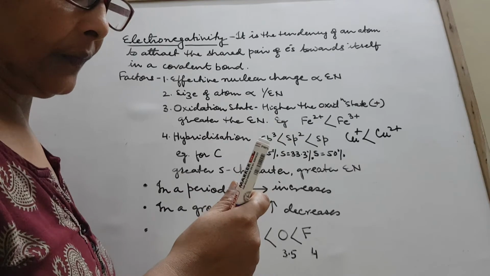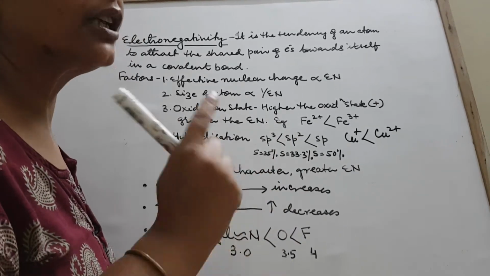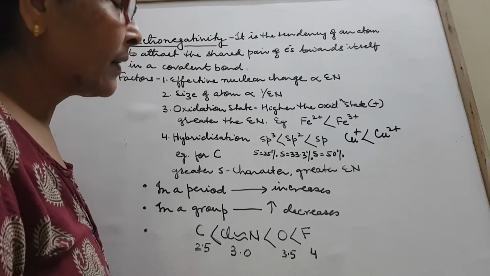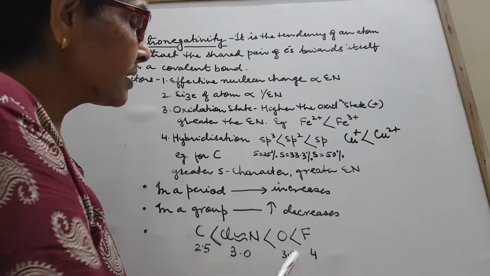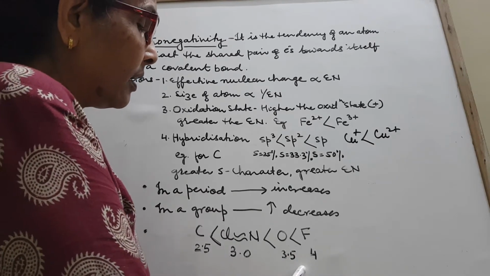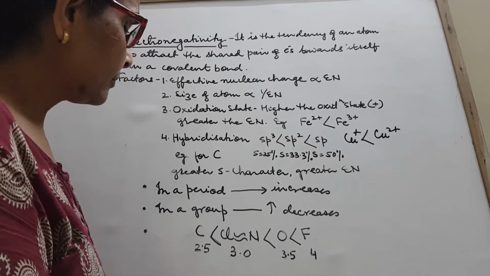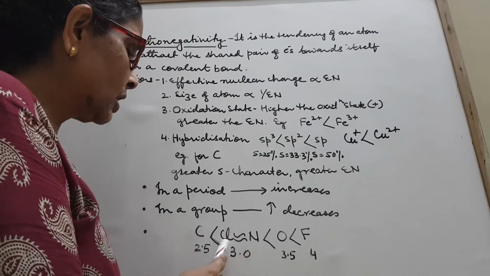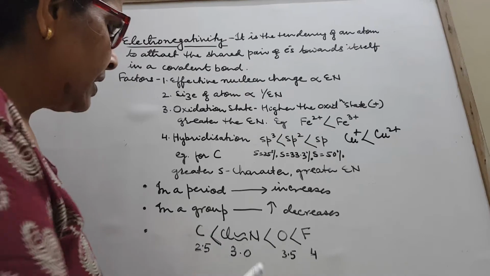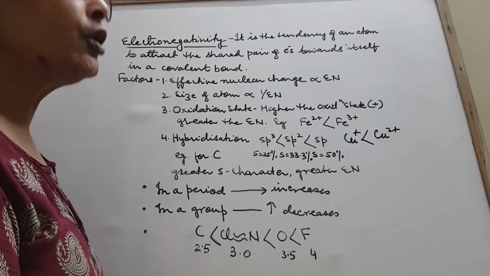No. It was found to be O. Oxygen is the number two most electronegative element. These are relative values. F was given the value 4. With respect to that, O was found to have the value 3.5. Then N and chlorine had almost the same values, 3.0. And then carbon having value 2.5.